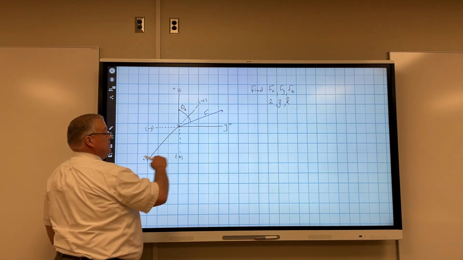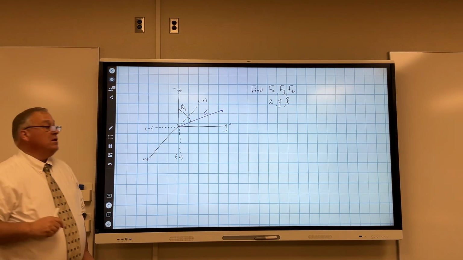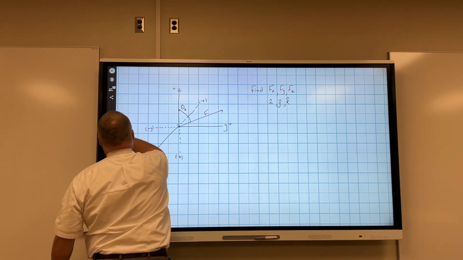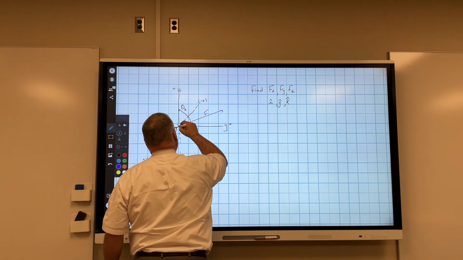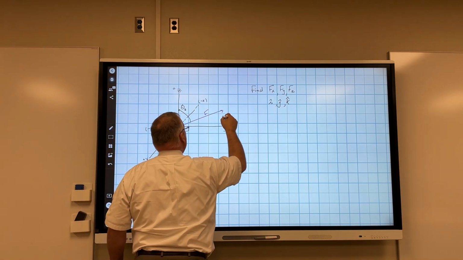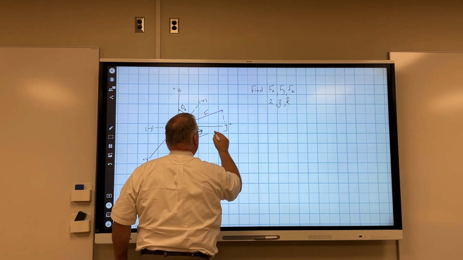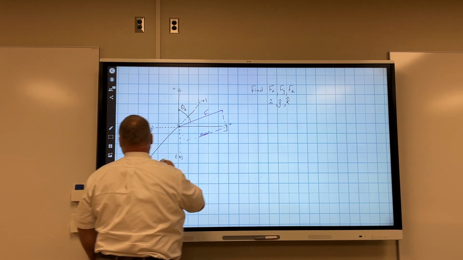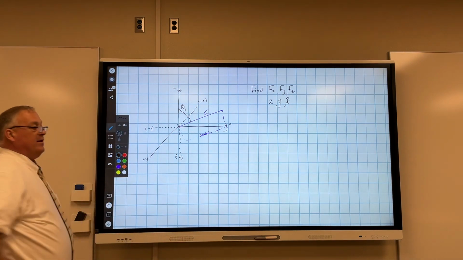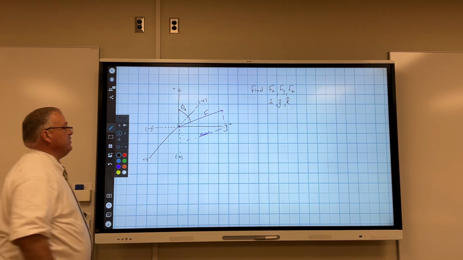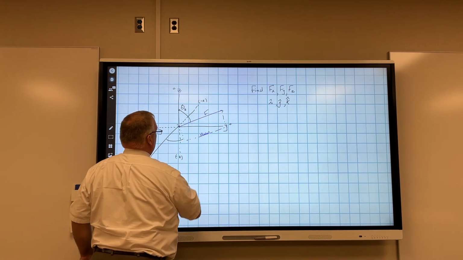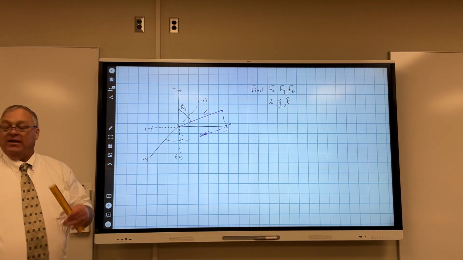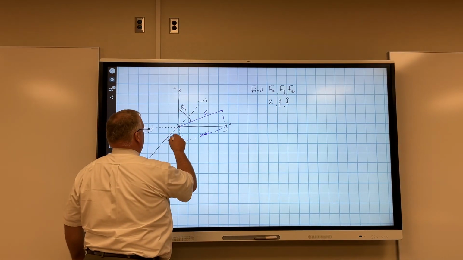On the XY plane, right? So I'm going to illustrate this in purple as my shadow. That shadow is going to form an angle between the x-axis and the bottom of that projection, and that angle is phi.